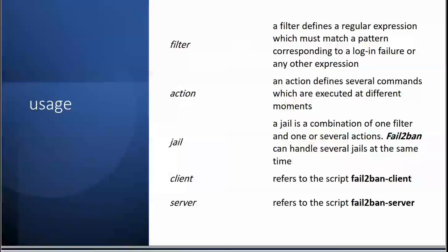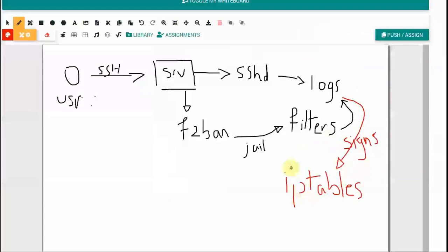We can have several jails at the same time with fail2ban, and there is no problem. Let me show you. There is an iptables action which happens on ban, or we can define other actions that ban the IP and send us an email message.